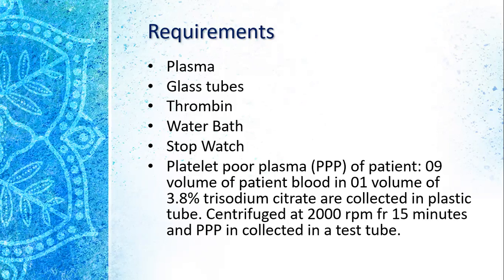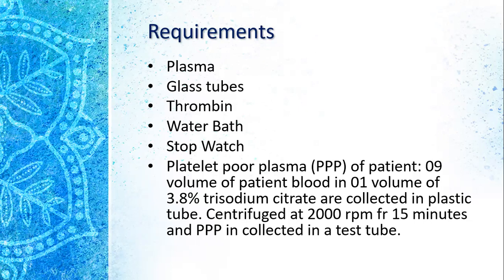This last point is very important: plasma should be platelet poor plasma. If you are taking plasma from a patient, it should be platelet poor. So 9 volumes of patient blood in one volume of 3.8% trisodium citrate are collected. This is actually a dilution or a ratio.